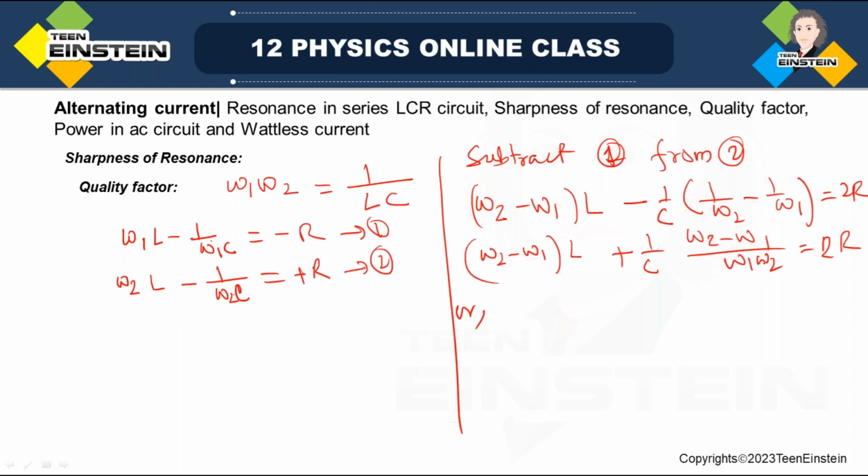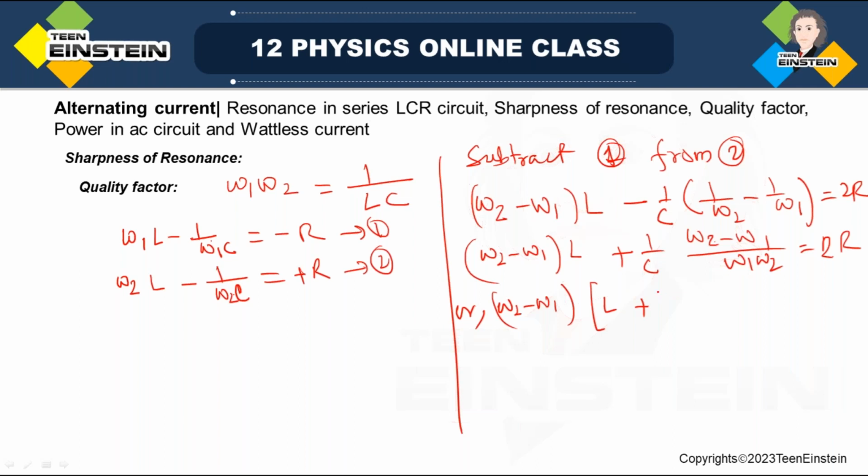And this term we know already. So we can just take omega 2 minus omega 1 common. This is L plus, I have taken common, right? So omega 1 omega 2 was actually 1 over LC, so in place of this, we'll write L into C.